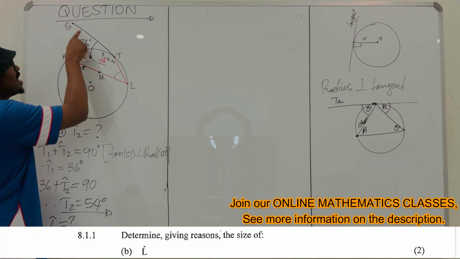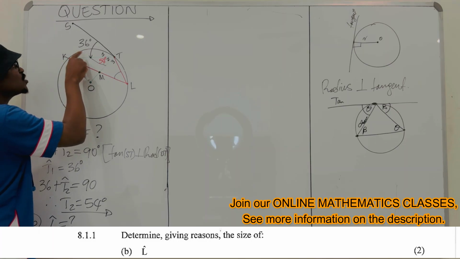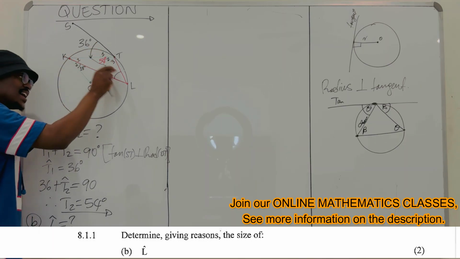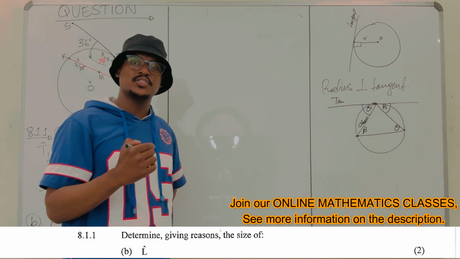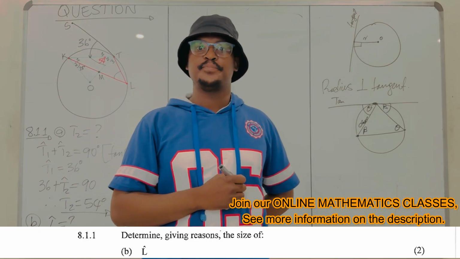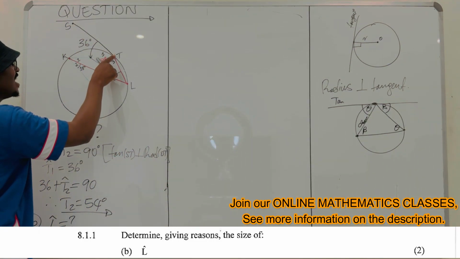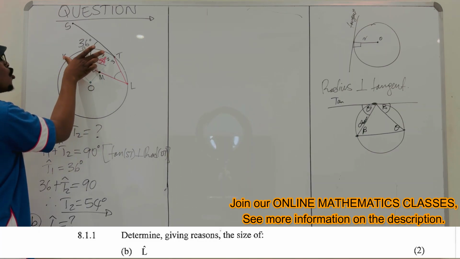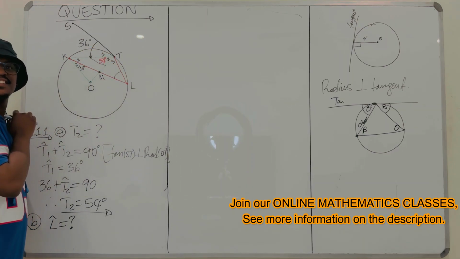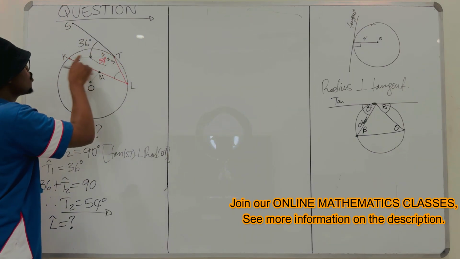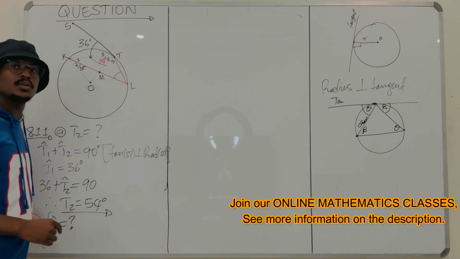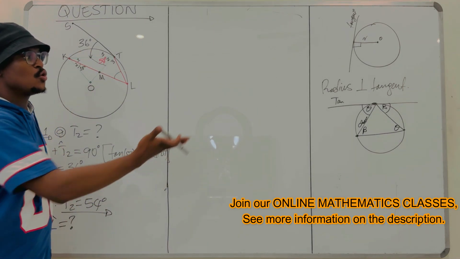The angle between the tangent and the chord is 36 degrees, which means this chord will subtend 36 degrees on the other side. That is the Tan-Chord theorem. So the angle is also equal to 36 because of the Tan-Chord theorem, which is what I just explained.